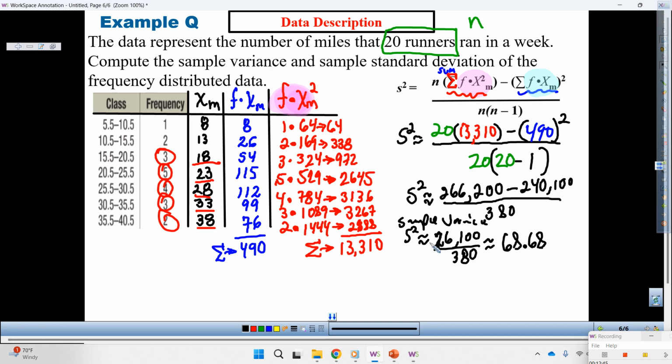All right, so that's the variance, but they also want what? Standard deviation. So find the standard deviation, approximately what? Tell your neighbor what you got.